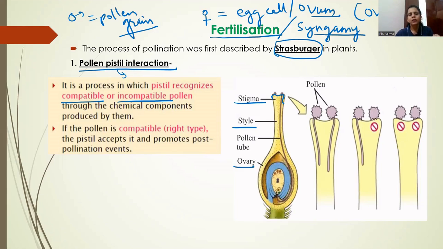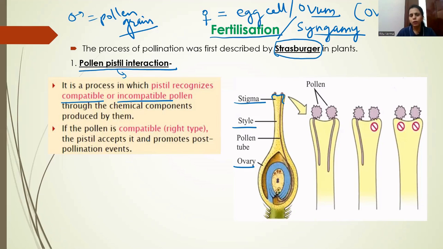This is what happens in pollen-pistil interaction. During pollen-pistil interaction, the pistil produces a sugary liquid, which is water and sugar, and certain chemicals which help the stigma in recognizing whether the pollen grain belongs to the same species or to a different species.